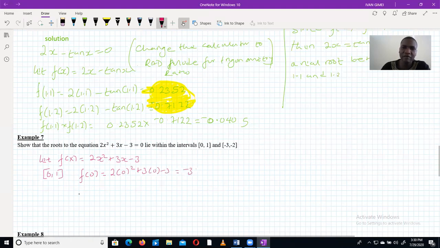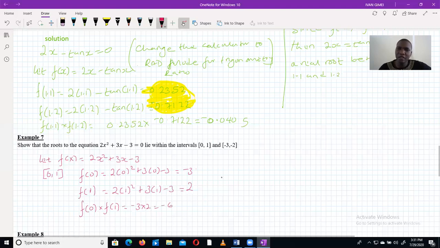What is f of 1? f of 1 will be the same as 2 into 1 squared plus 3 into 1 minus 3. What will this give me? This will be 2 plus 3, that's 5. Of course, and that's using positive 2. So, what is f of 0 times f of 1? That gives me negative 3 times 2, which gives me negative 6.